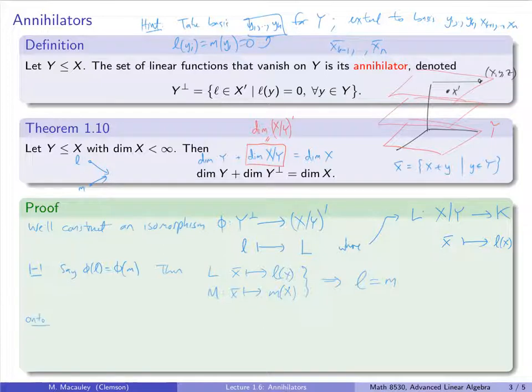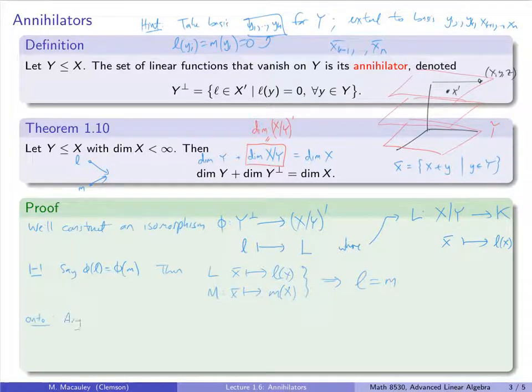Well, if we take any big L in here, so any linear function from x mod y to k, it defines a linear function from x to k. So let me write that down.